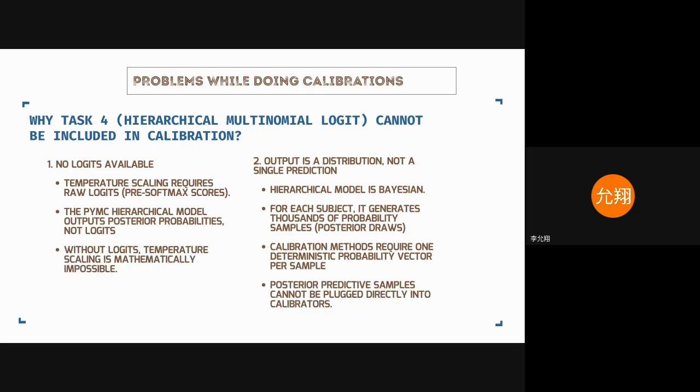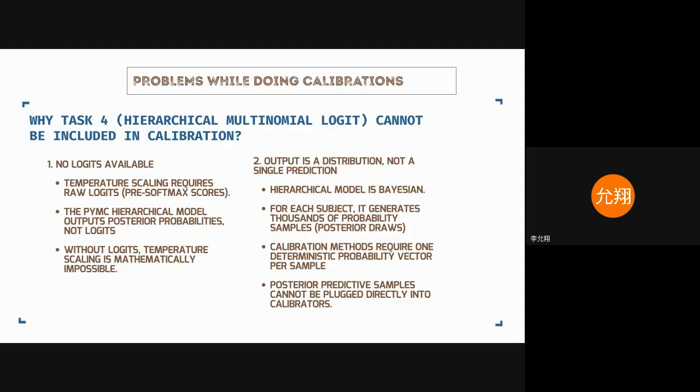In my task, I performed these two calibrations. However, I found some problems while doing the hierarchical multinomial logit. First, the hierarchical model does not produce logits. Temperature scaling relies on raw logits before the softmax, but PyMC only outputs posterior probabilities.